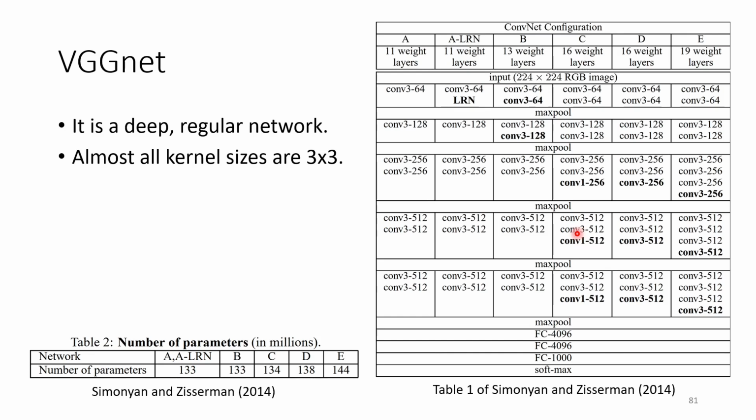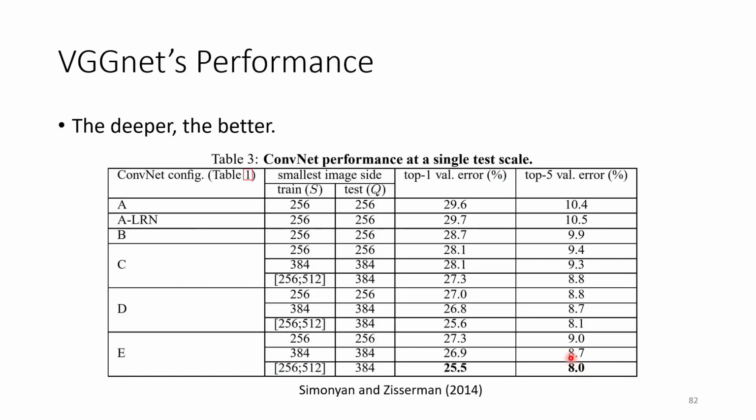Nevertheless, they proposed this network, and its performance is very, very good. State of the art in that year. You can see they also generate 1,000 probability values. This is a network designed for the ImageNet challenge. Okay, so this is the performance. You can see A, B, C, D, E.